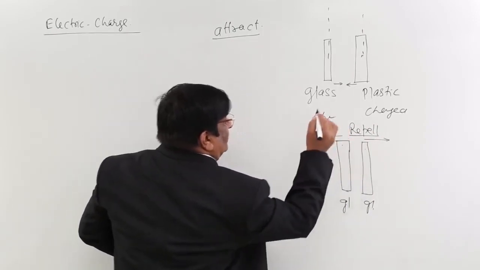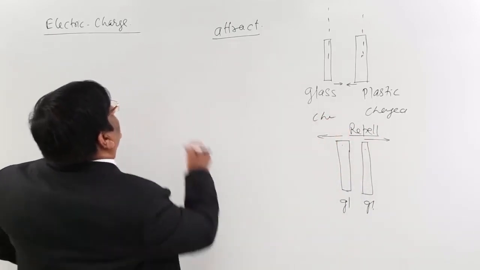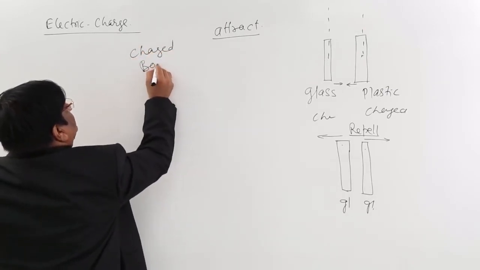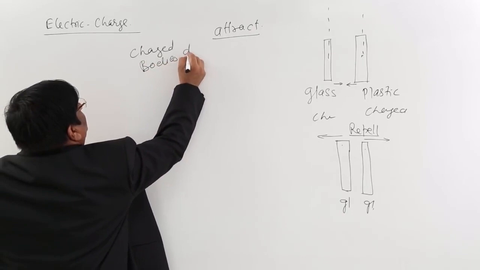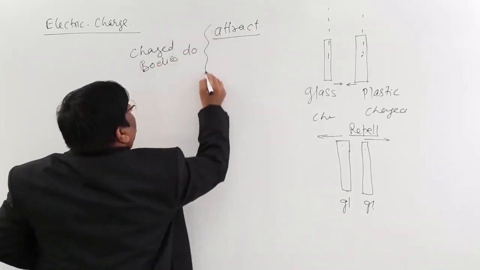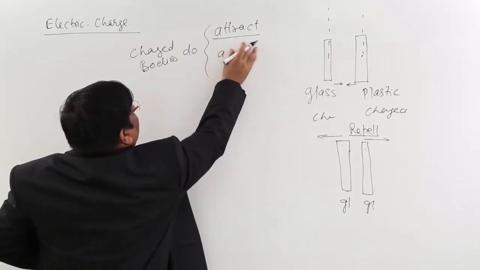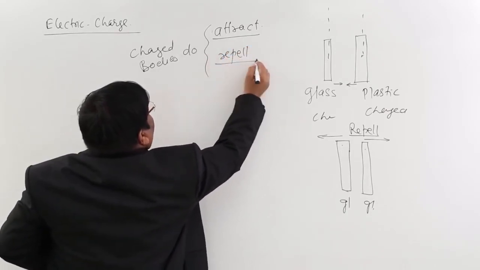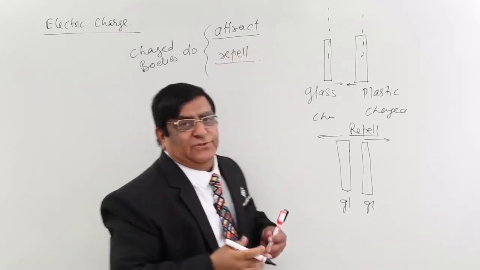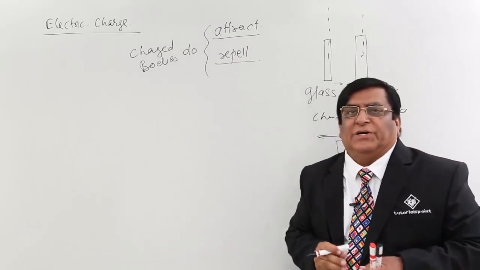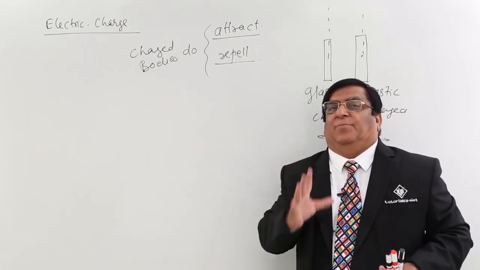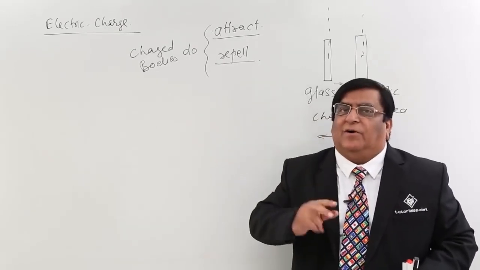This is a charged body, this is a charged body. So what do charged bodies do? Attract or repel? You can also think, both are charged bodies. Now what is the nature of an electrically charged body? Is it attraction or is it repulsion?